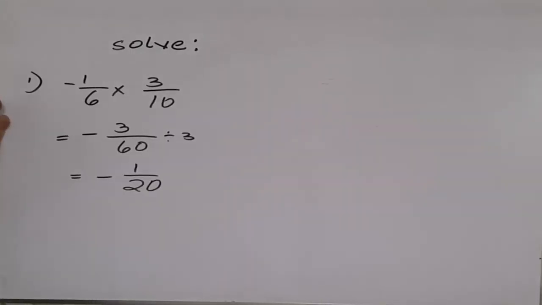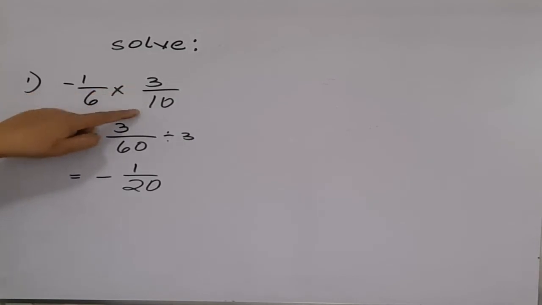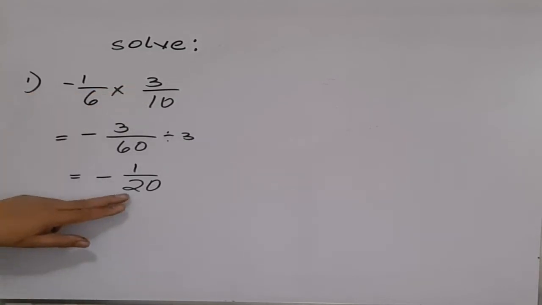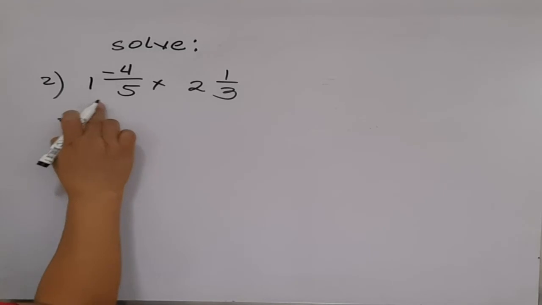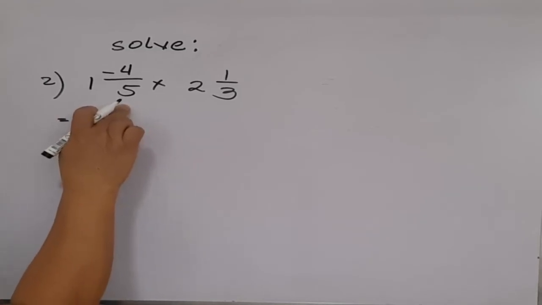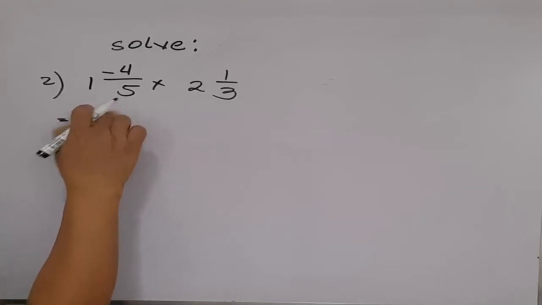So for number 1, did you get the same answer? Negative 1 over 6 times 3 over 10 is equal to negative 1 over 20. Now let's solve number 2 and let us see if you get it correctly. So let us convert this into an improper fraction.